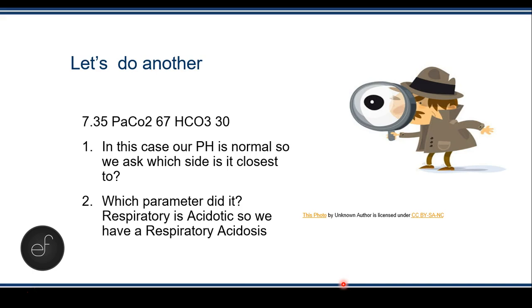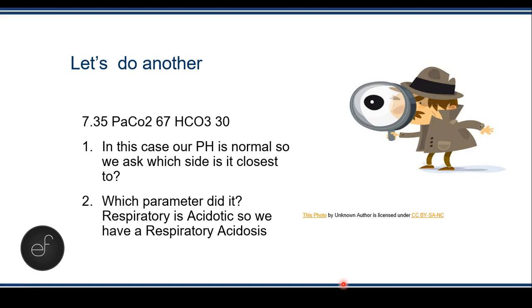Now, the next question, who did it? In this case, our CO2 is high, so that's obviously acidotic, and the bicarb is also high, so that's alkalotic, because bicarb is a base, so the higher the number, the more alkalotic.